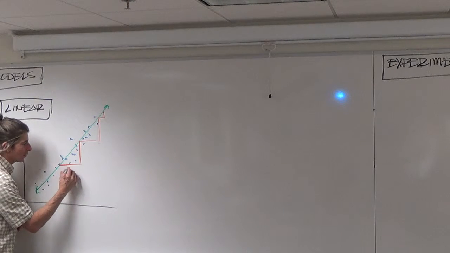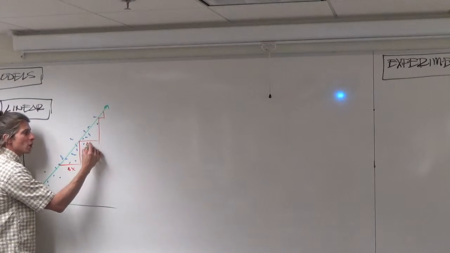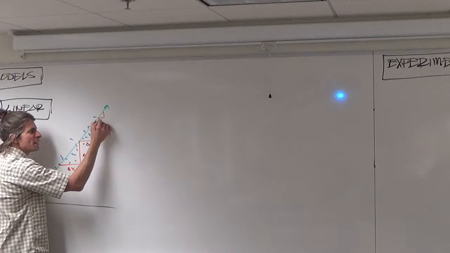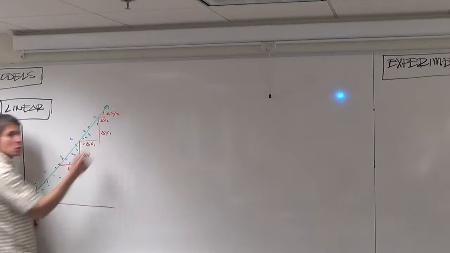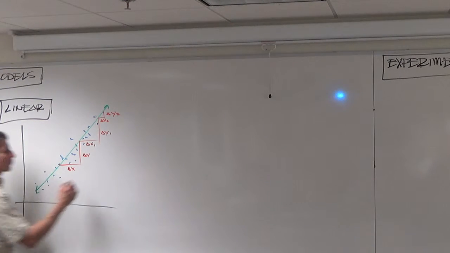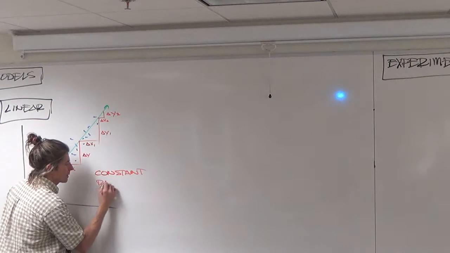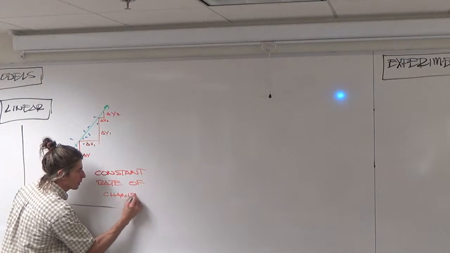So this change of x here and this change of y is going to be the same ratio as this change of x, we'll call it x sub 1, change of y sub 1, and this little change of x sub 2, change of y sub 2. They're all the same. That's what makes it linear, is that those stay constant. So you end up with this constant rate of change. Good!